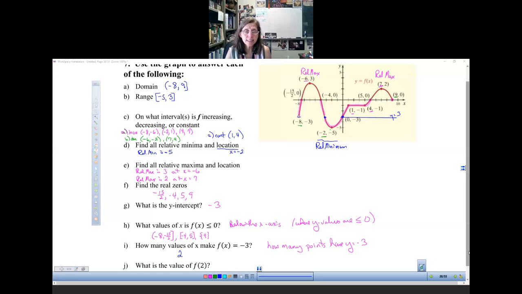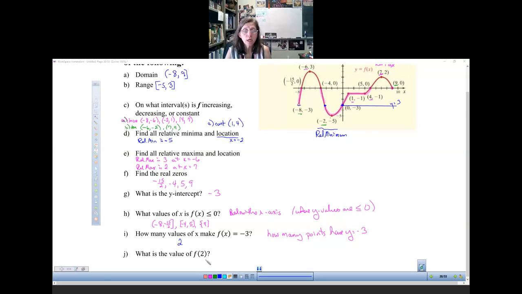Okay, this last one says, what is the value of f of 2? In other words, what is the y value? What is y if x is equal to 2? So I go to 2 on the x-axis. That's this x value right here of 2. I go find my ordered pair. It's right here. What is this y value?